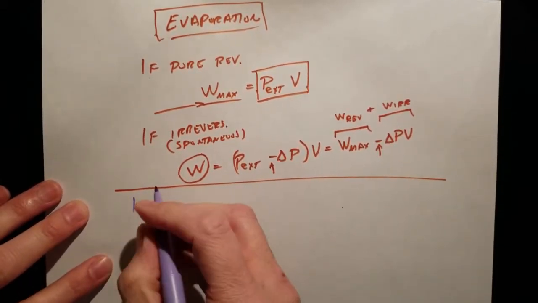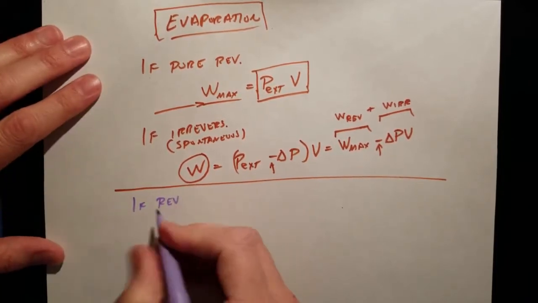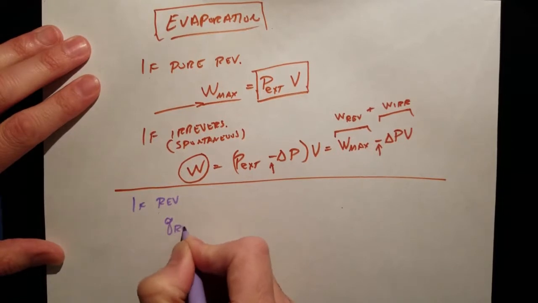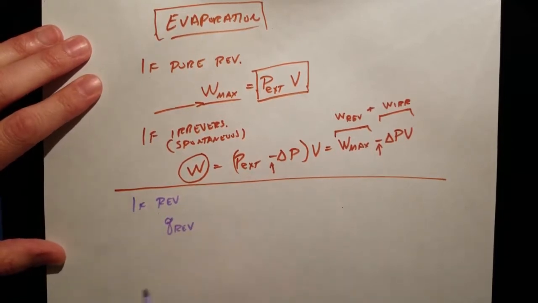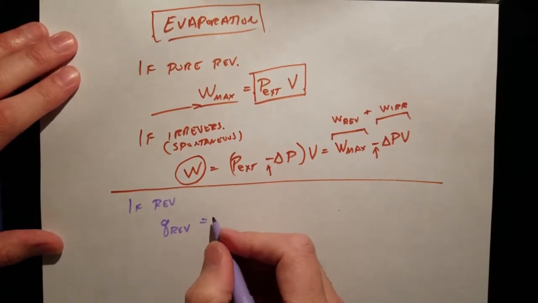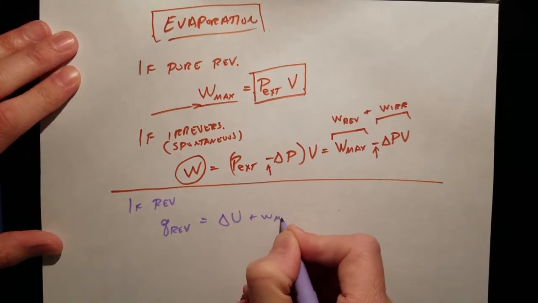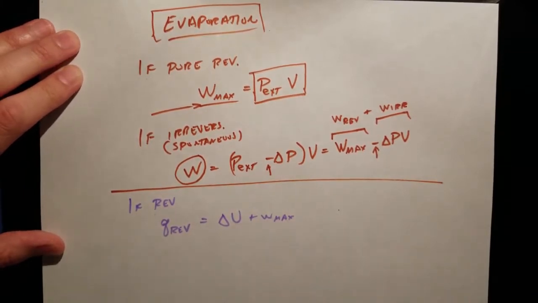So if reversible, then we have some reversible heat change, which is equal to delta U plus W max.